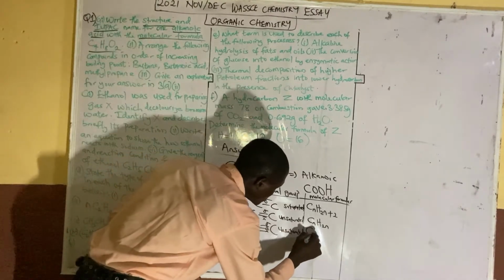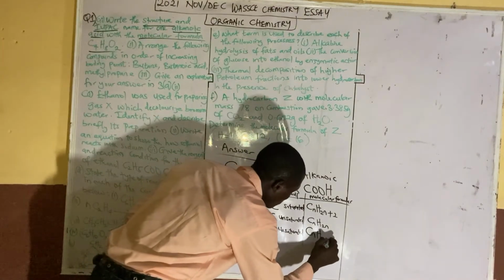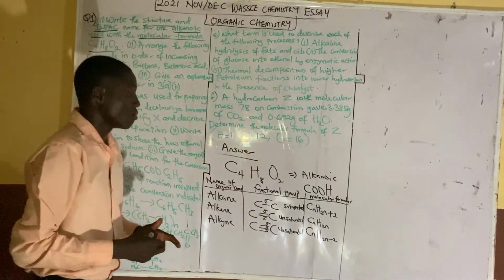For alkyne, the general molecular formula is CnH2n-2.